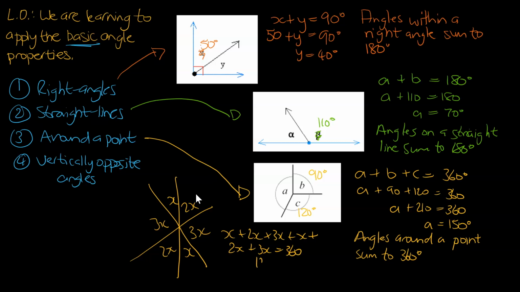In total there, that was 12 x's, which came to 360, which meant x was equal to 30 degrees. So we could go ahead and figure out, well, that one there was 30 degrees, that there is 60 degrees, that there is 90, that made that 30, that's 60, and that's 90 as well.